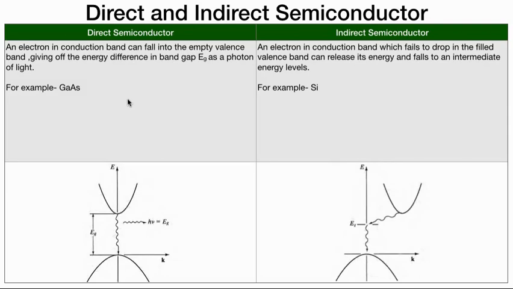If you consider that already all the 4 valence bonds are filled in terms of silicon, then there is no space available in the valence band. Hence, the electron, rather than falling back to the valence band, falls to some intermediate level between the two states, termed as an intermediate energy level.